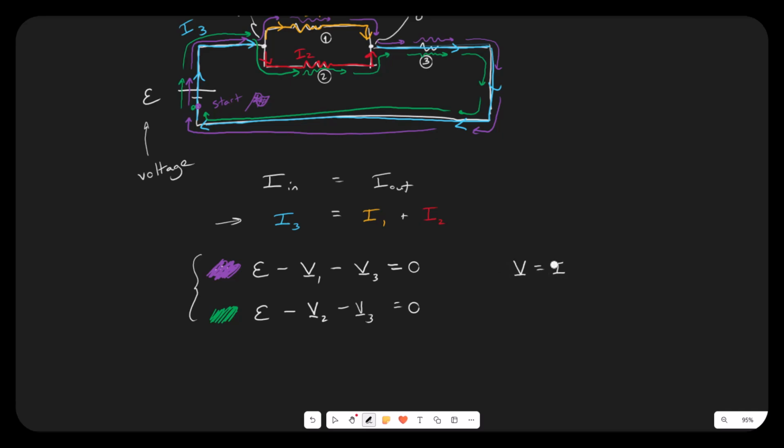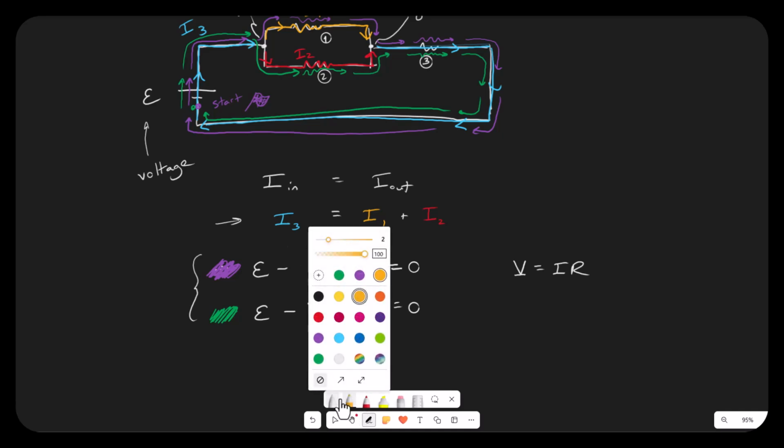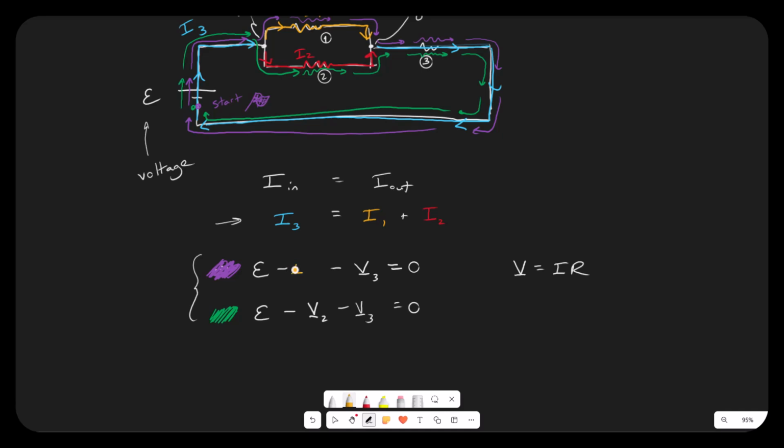V equals IR. So where I've got V1, I'm going to replace this with I1 R1.